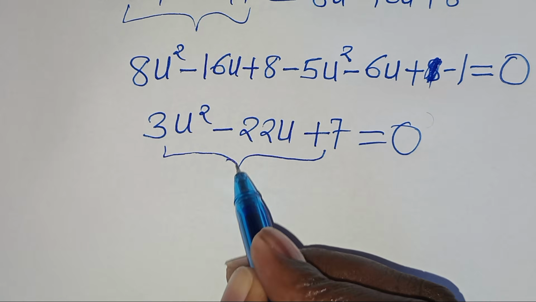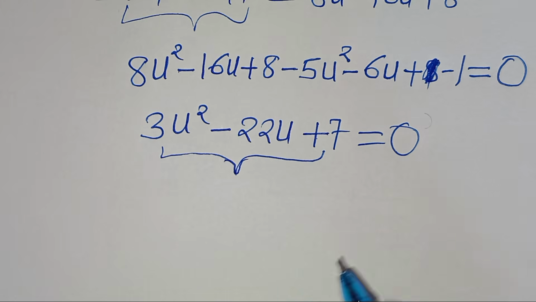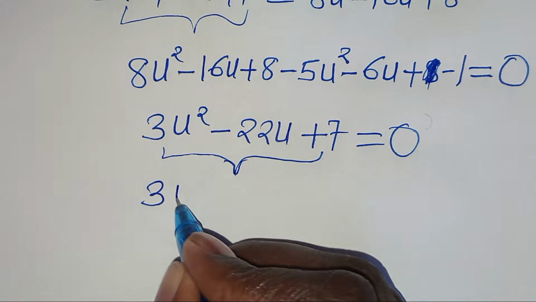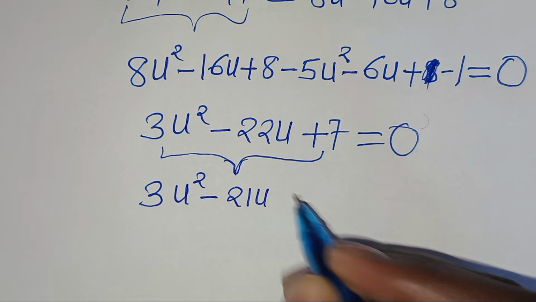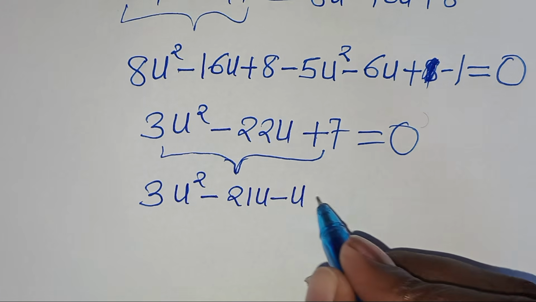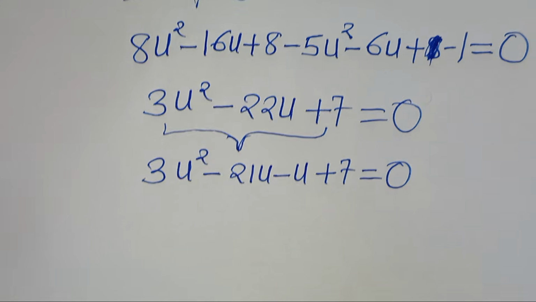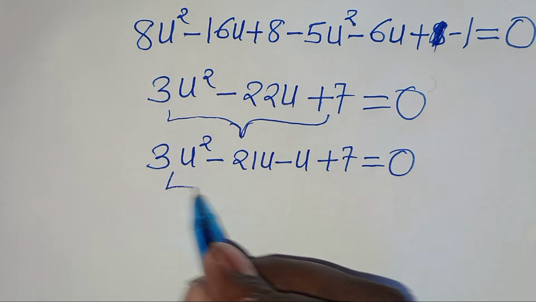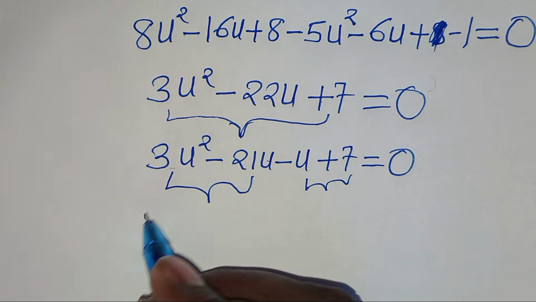This is a quadratic equation here, which we can solve by factorization method, where we have 3u squared minus 21u minus u plus 7. This is equal to 0. So we have got two parts here. From the first part here, 3u is common.